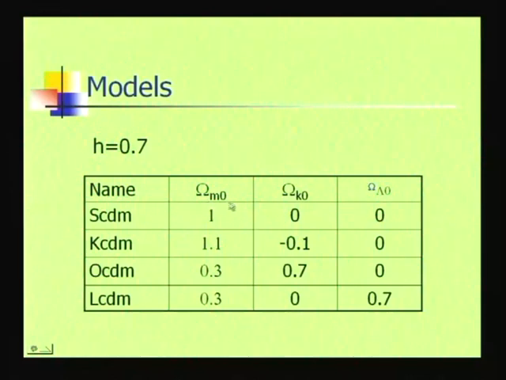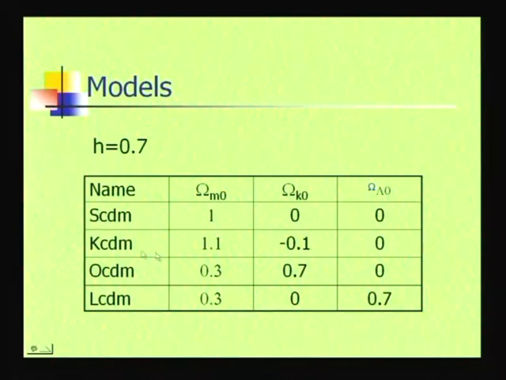There is matter, then there is curvature, and then there is the cosmological constant or dark energy. Okay. So, the first model is what is called the standard CDM. This was once in vogue, but now it is ruled out. It has only matter, no curvature, no cosmological constant or dark energy. This model is spatially flat, k equal to 0.